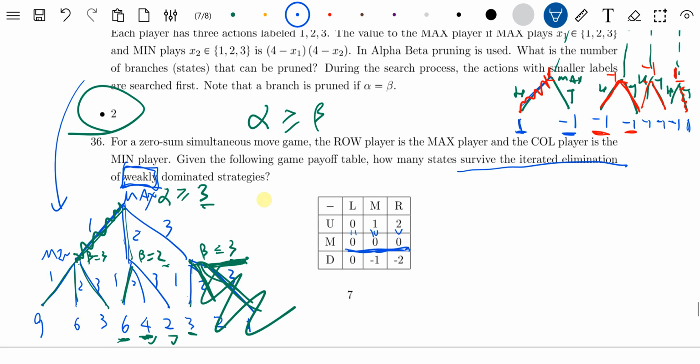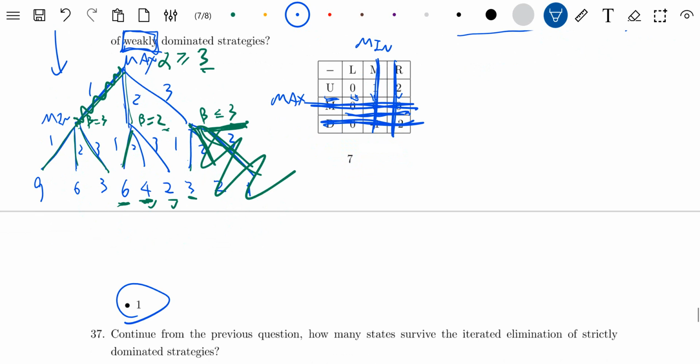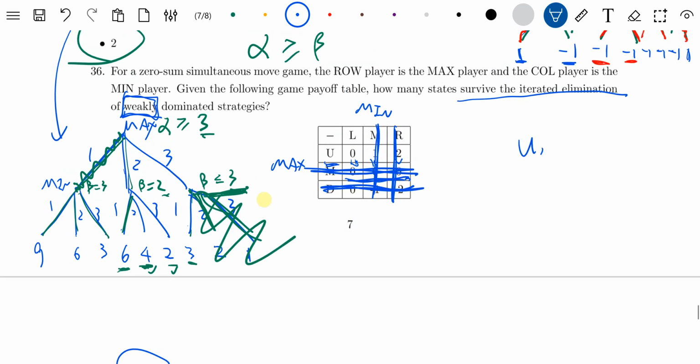So this row is completely dominated by the first row. So this will be removed. And similarly, the last row will be removed. That's the row player, the max player. And the column min player is trying to minimize. So these two are removed. So the only one that survives this is U and L. Oh, it's only asking for number, so there's only one left, and it's U L.